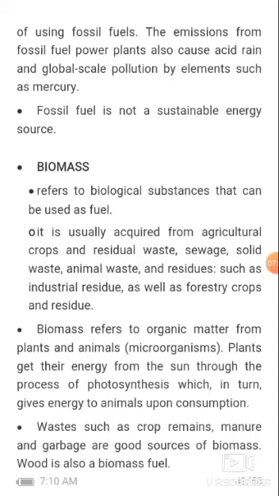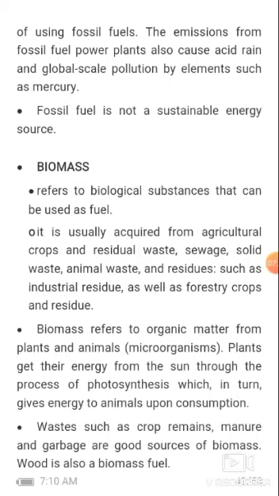It refers to the biological substances that can be useful as fuel. It is usually acquired from agricultural crops and residual waste, sewage, solid waste, animal waste, and residues, such as industrial residue as well as forestry crops and residue. So those biological substances can be converted to fuel.